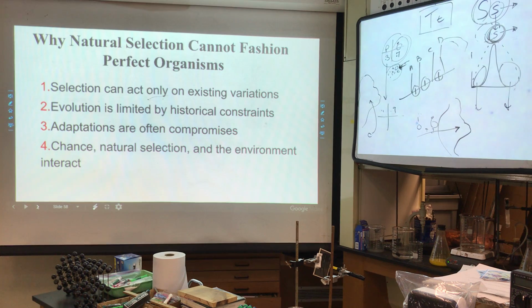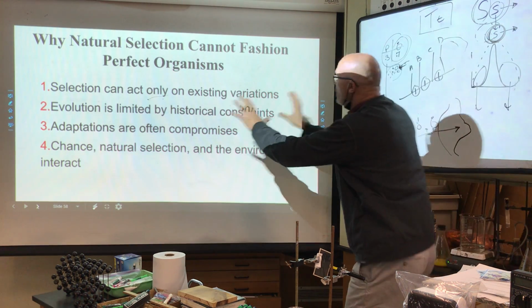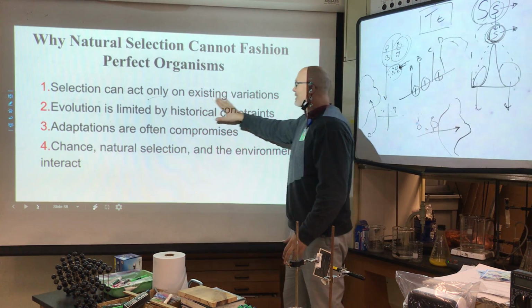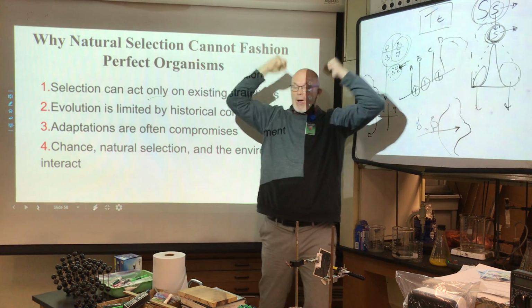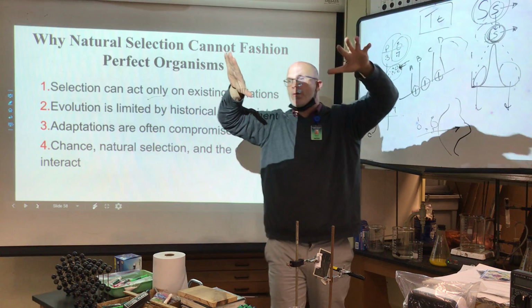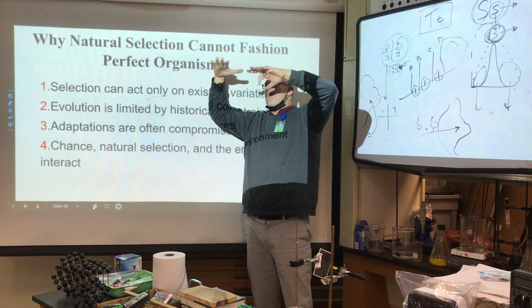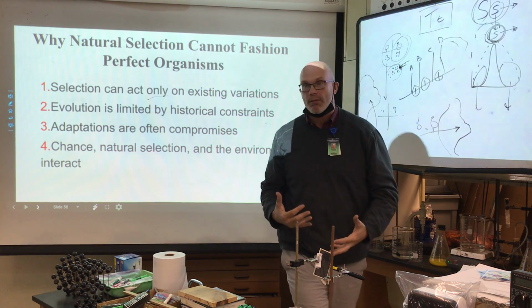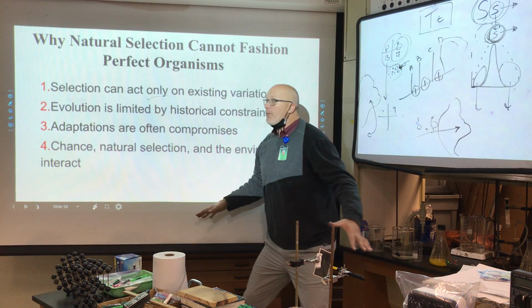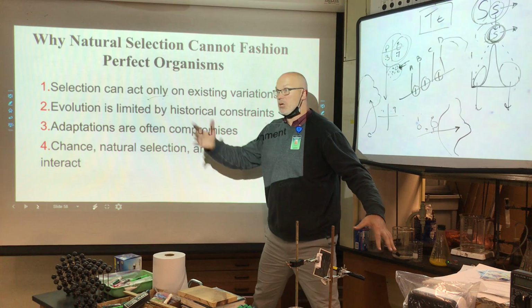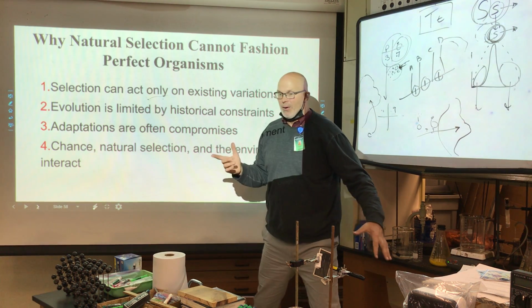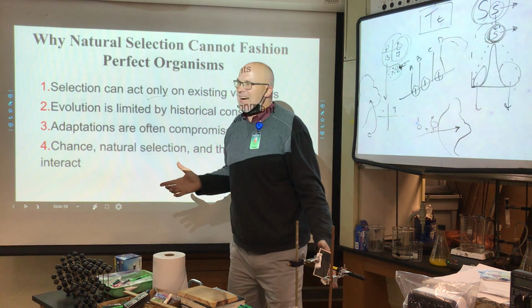So why can natural selection not fashion perfect organisms? This is really important. Selection can act only on existing variations. Remember, selective pressure means what? You have a new geographic condition, whether you're a founder, whether you're a bottleneck, or whether the condition changed where you are. You only evolve if you have that allele in low frequency that now best suits that population, correct? Well, what if you've got an allele that works but it's not great?